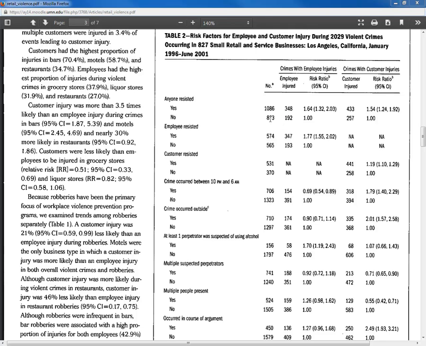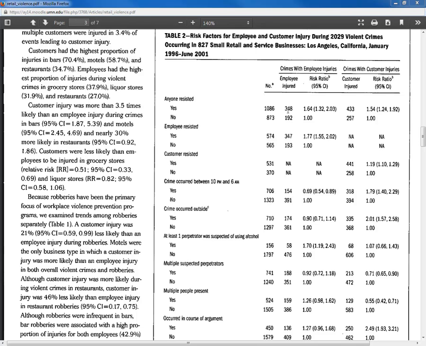And the denominator is out of the 873 sample size where nobody resisted during the event, 192 times the employee got injured.